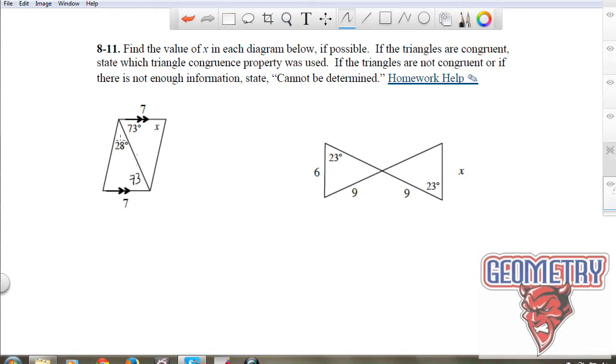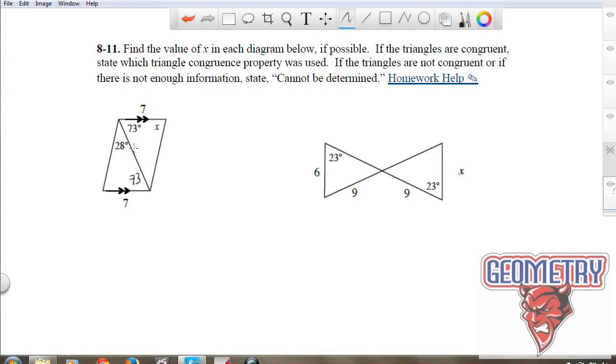I can't do the same with the 28 here and say that this is 28 because I don't know if these lines are parallel. And that causes a problem because we don't have enough information then to say that these triangles are congruent. So I only have one angle in this triangle that matches up with one angle here, and then one side that matches up with the one side here. So angle-wise, we're not able to do it.